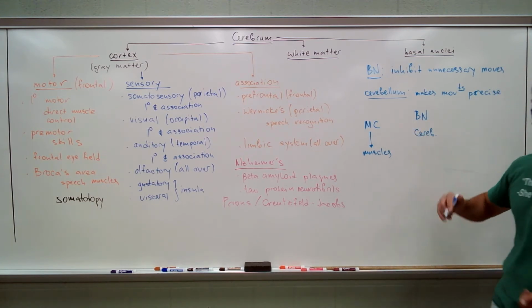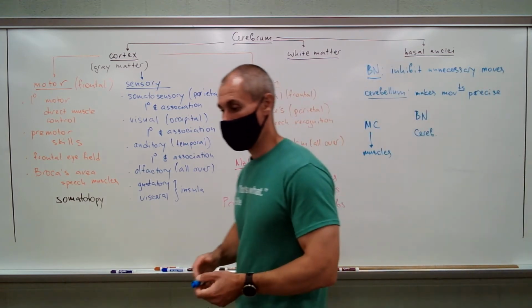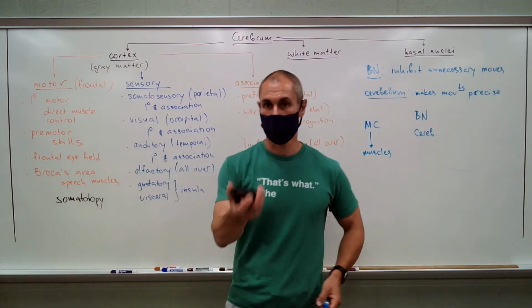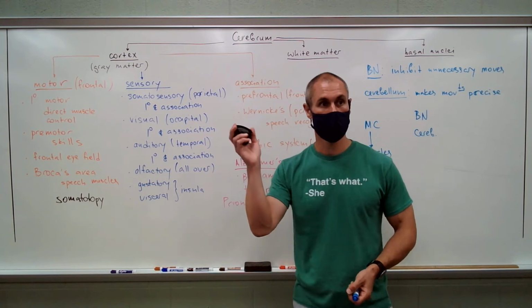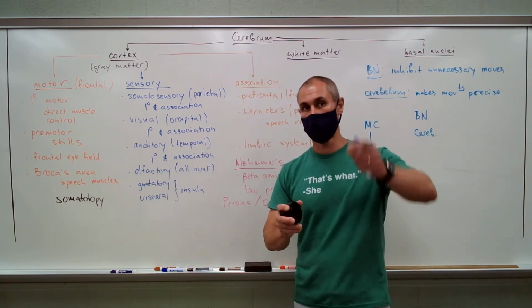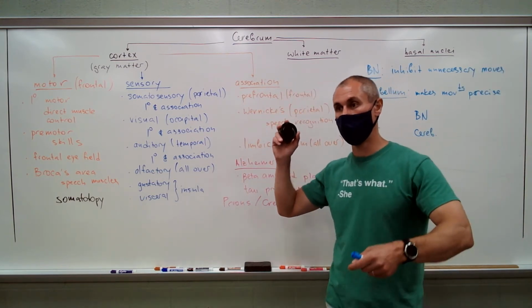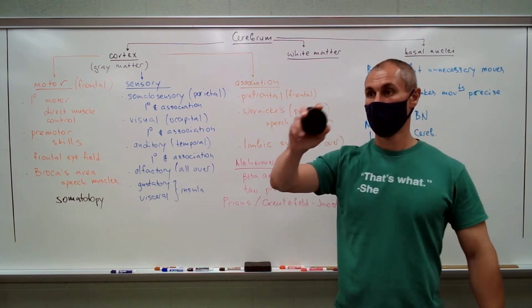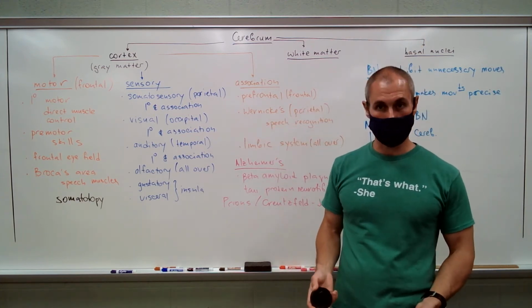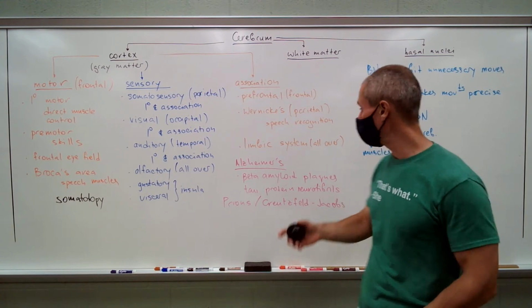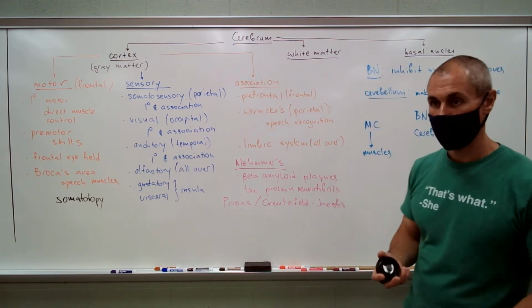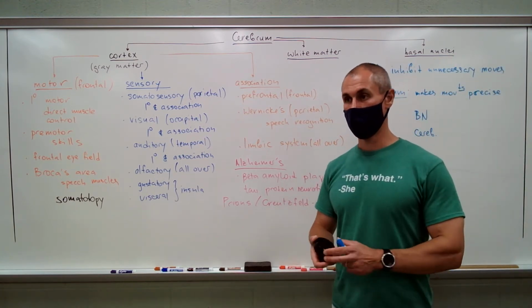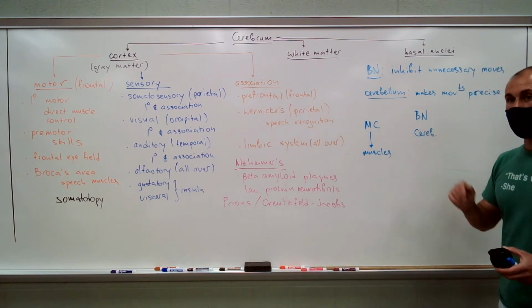And this is what you do consciously. So if I try to throw this lead and hit one of those plastic arms, that's my conscious decision. This is my motor cortex. But how I'm going to throw it greatly depends on basal nuclei and cerebellum.